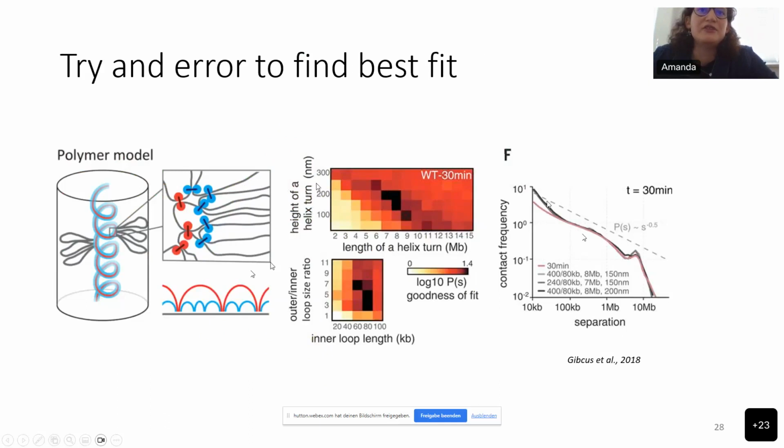In this way, you can build these polymer models, calculate the contact probability for them, and compare with experimental data. The best ones, the ones that fit the contact probability, should then be likely to be the conformation of the chromosome. This is the approach that Gibcus et al. took in the work with chicken.